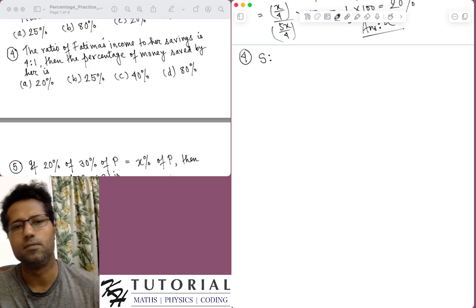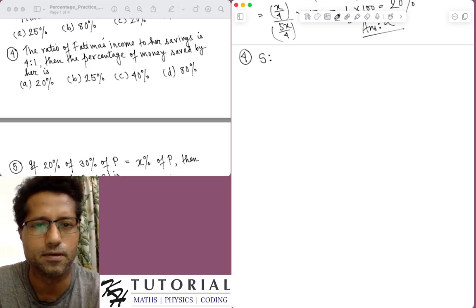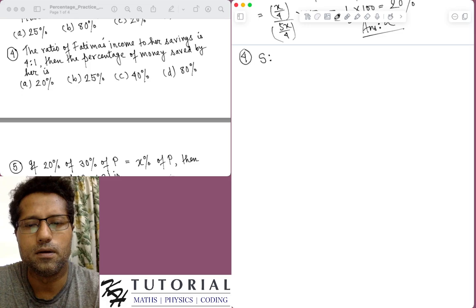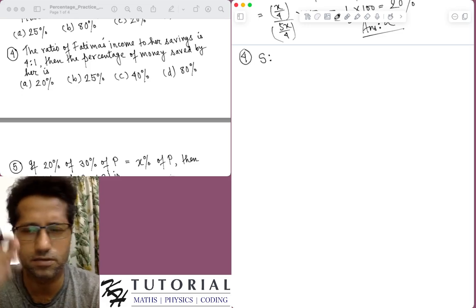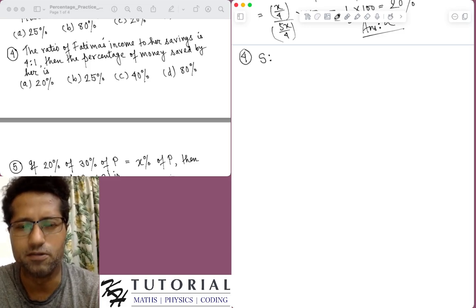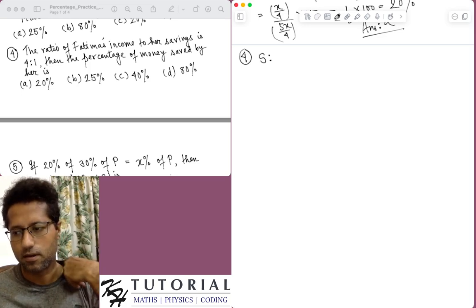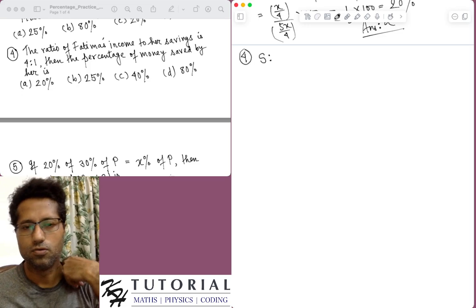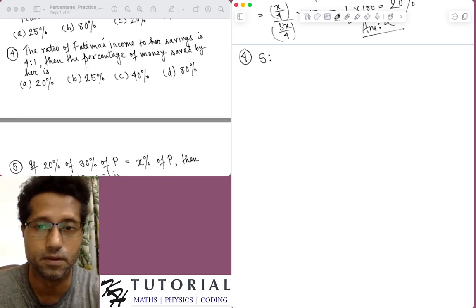I mean, this problem can be solved in various ways, using the concept of ratio and how a percentage is expressed as a ratio, or how you convert a ratio to a percentage. These concepts will be required.